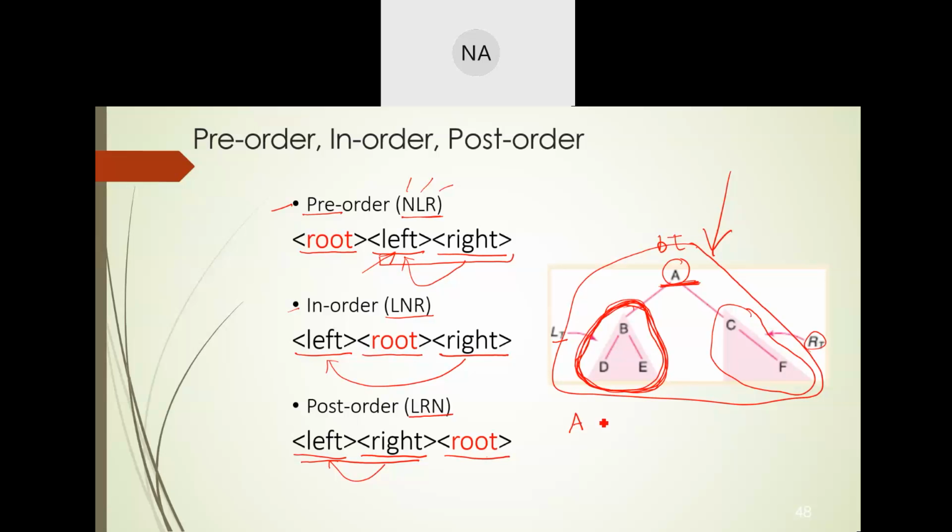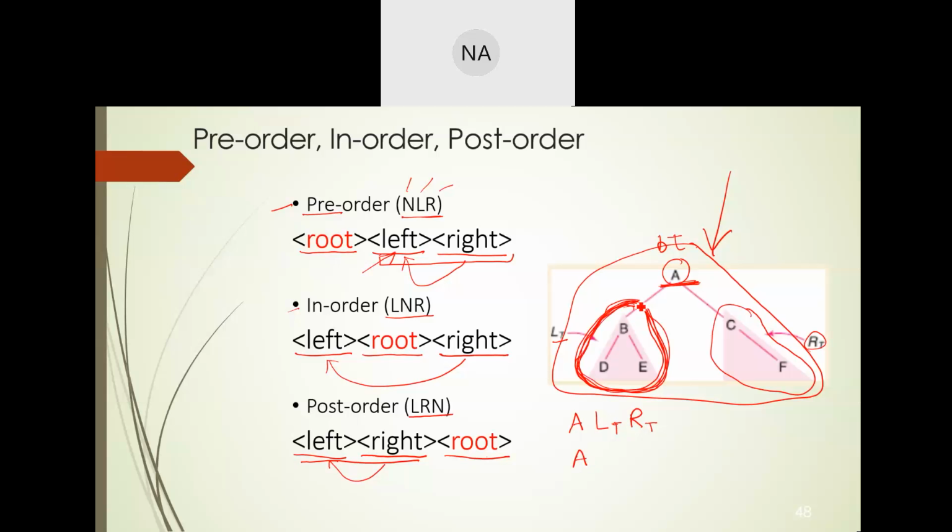The root node, then the left subtree, and then the right subtree. Each of the LT and the RT is a complete binary tree, so they can be processed in the same way as the processing of the entire tree. So A, then LT. LT is this tree.